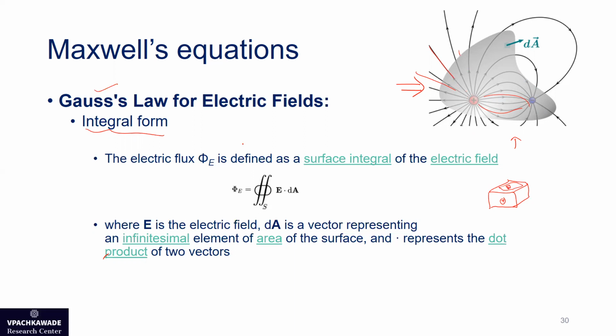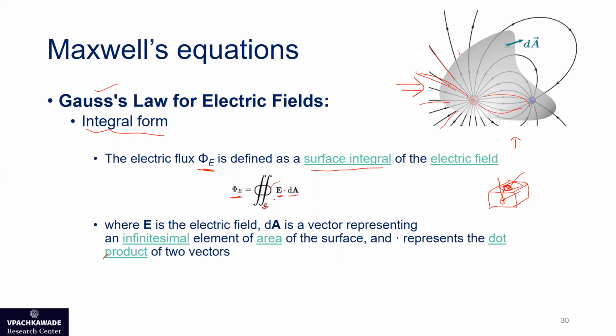So the electric flux, which is phi e, can be calculated by taking the surface integral of the electric field over this small area. The electric field is coming out of these charges, and these lines are coming out of it. So we say that this flux will be a double integral over the surface area from which the electric field lines are coming out, the surface integral of E dot dA.